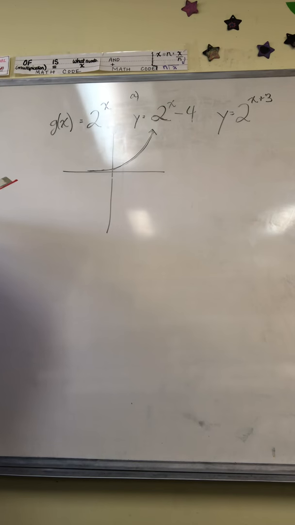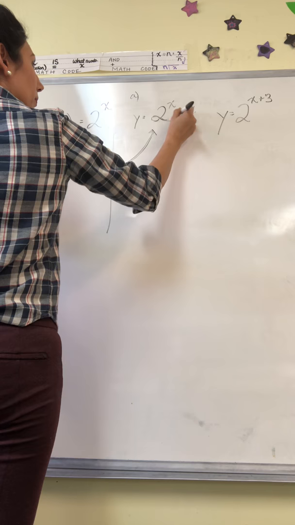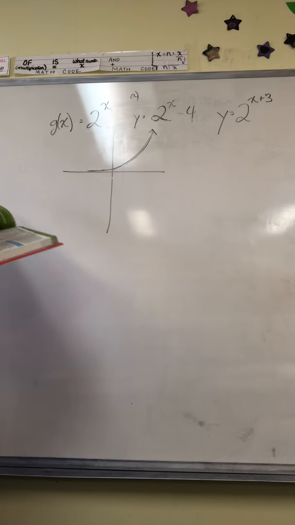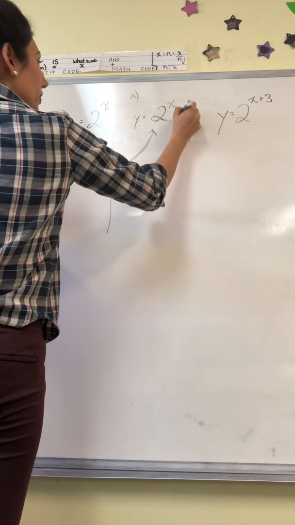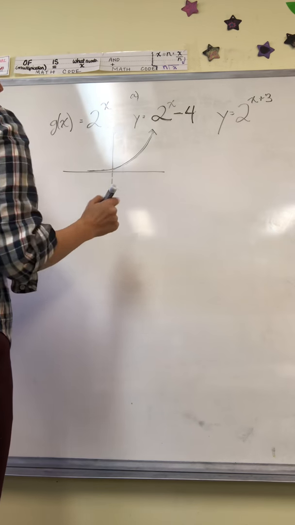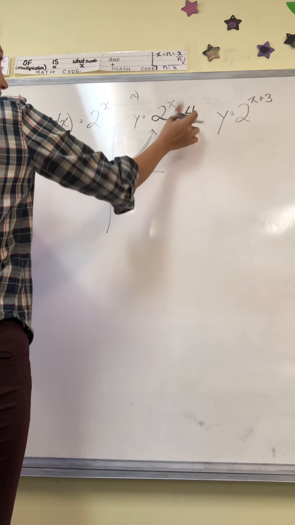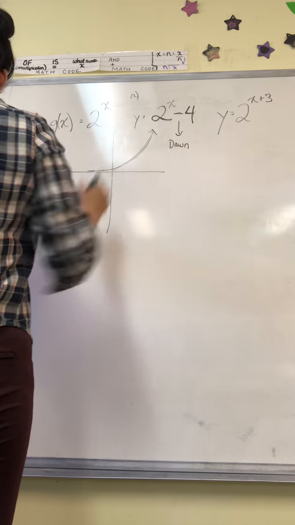All right. So when you have a negative number next to your parent function, it's going to go down. All right.